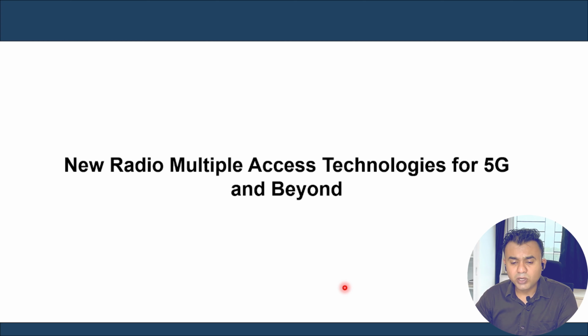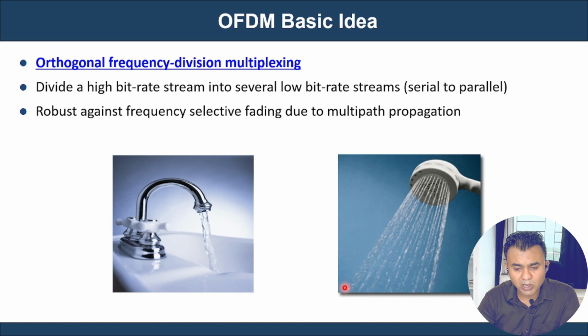Let's see the new radio multiple access technologies or methods for 5G and beyond, or 6G and beyond. OFDM is also known as orthogonal frequency division multiplexing. Here we divide a high bit rate stream into several low bit rate streams, right, by using serial to parallel conversion.